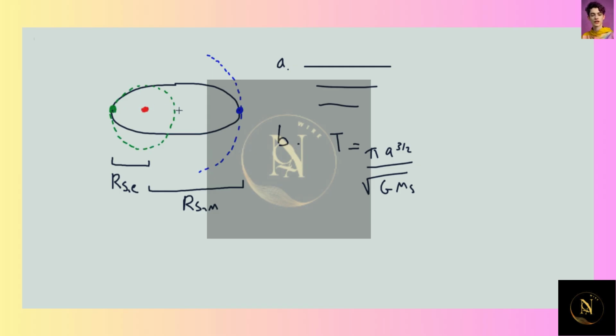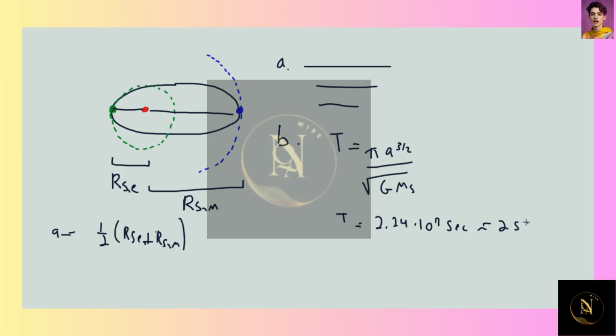That would be half of this long part of the ellipse. So we can see that that is going to be 1/2 of the distance from the sun to Earth plus the distance from the sun to Mars. So just half of this distance plus that distance will give us a. And when we plug that in, we get 2.24 times 10 to the 7th seconds, which comes out to be about 259 days.